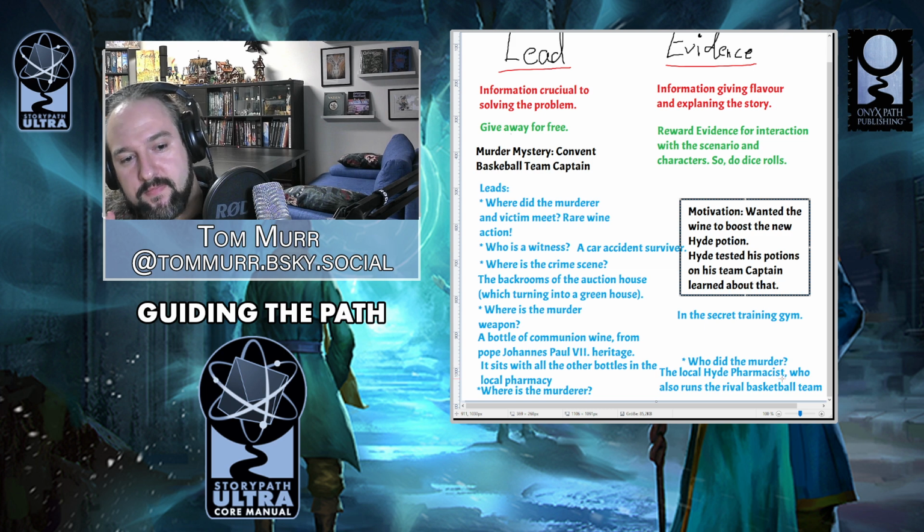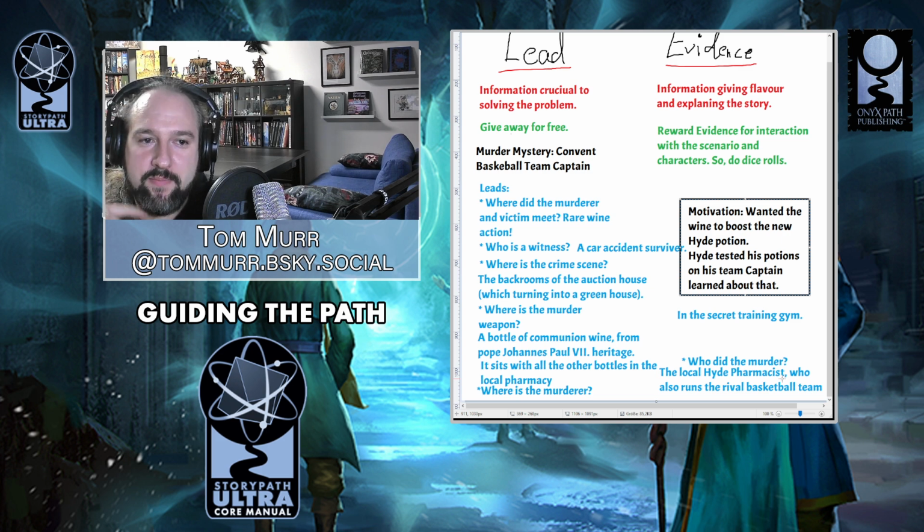He is in a secret training gym. And who did the murder? The local Hyde pharmacist, who also runs a rival basketball team. So this is basically our touchstone for why this is actually a Curseborn story, because Hydes are involved.